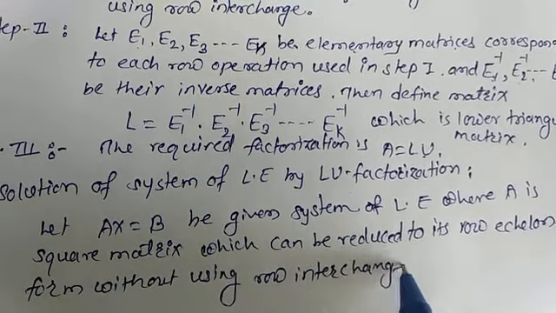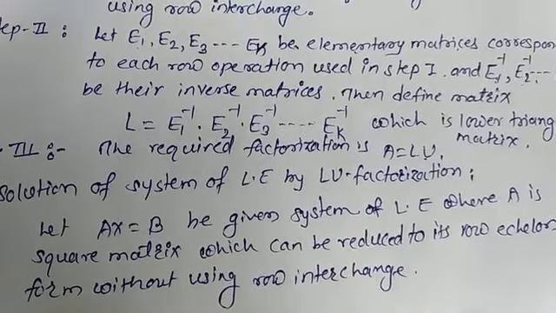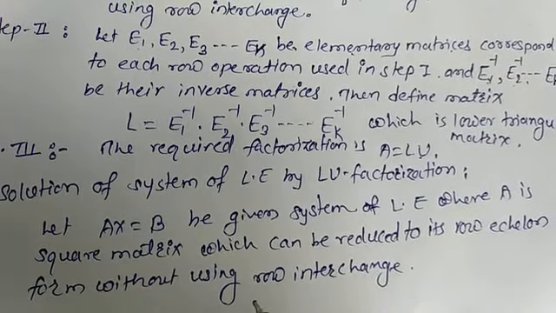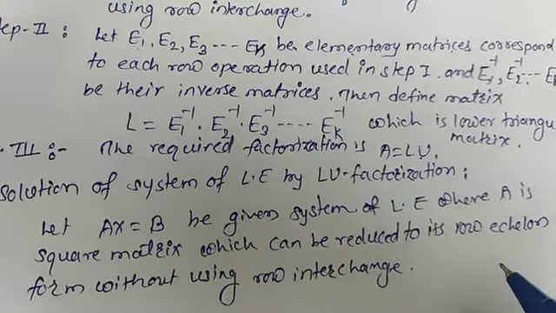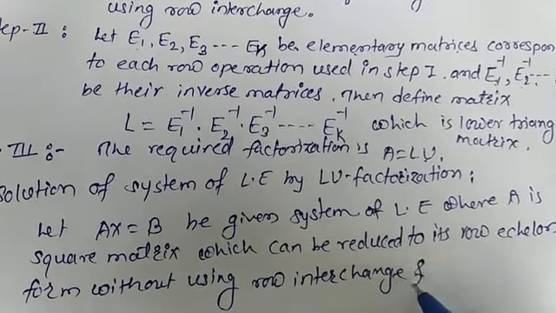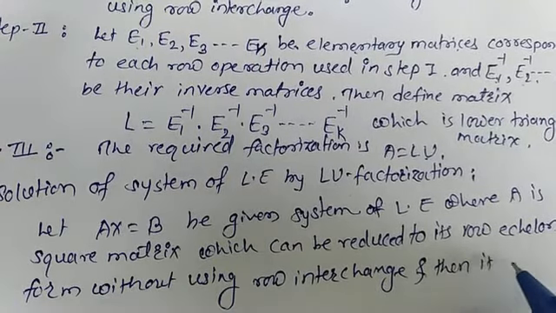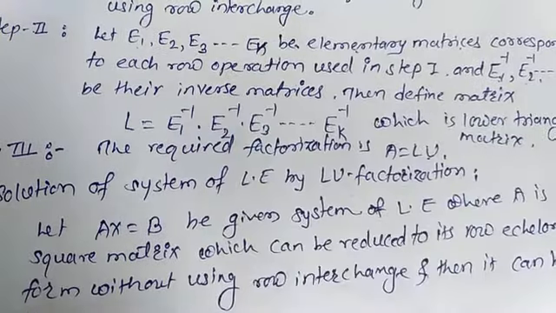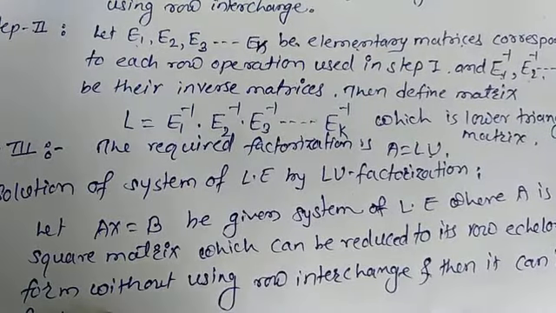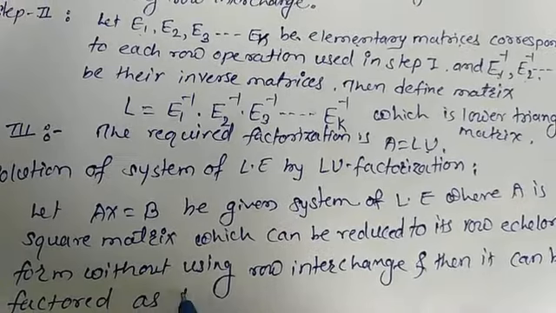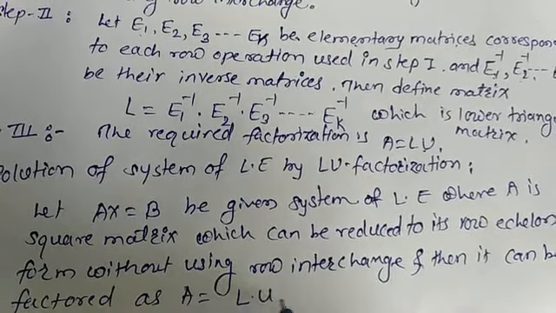We do not use row interchange in LU factorization, and then it can be factored as A is equal to L into U.